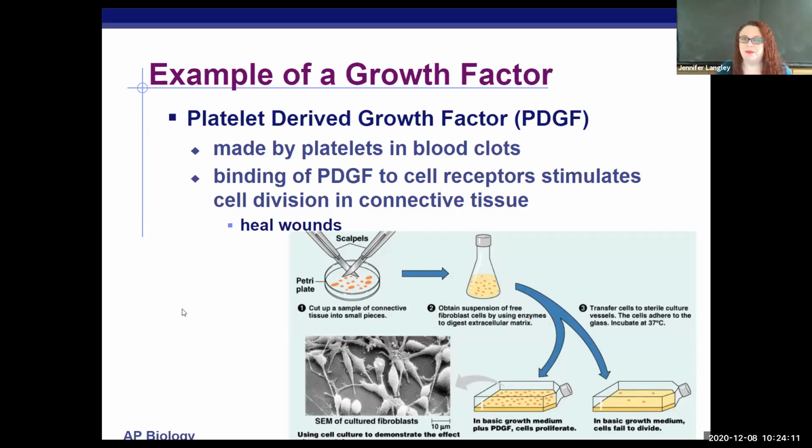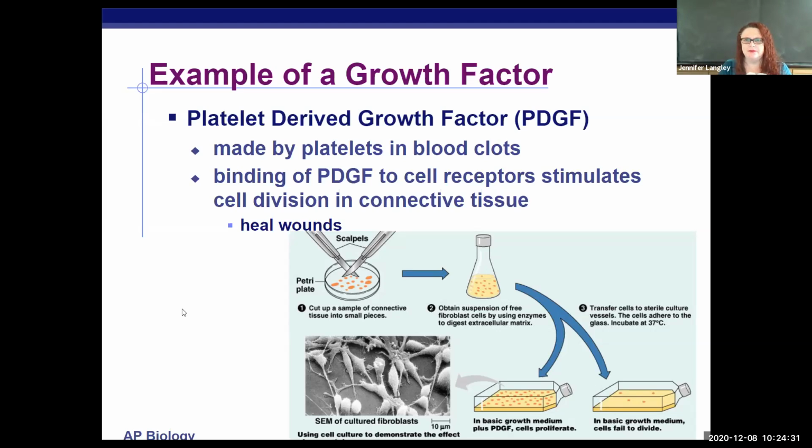There are some examples of growth factors. We have platelet-derived growth factor. Platelets are the little tiny bits, like bits of cells. They're not a whole cell. They're little bits that are used to help our blood clot.